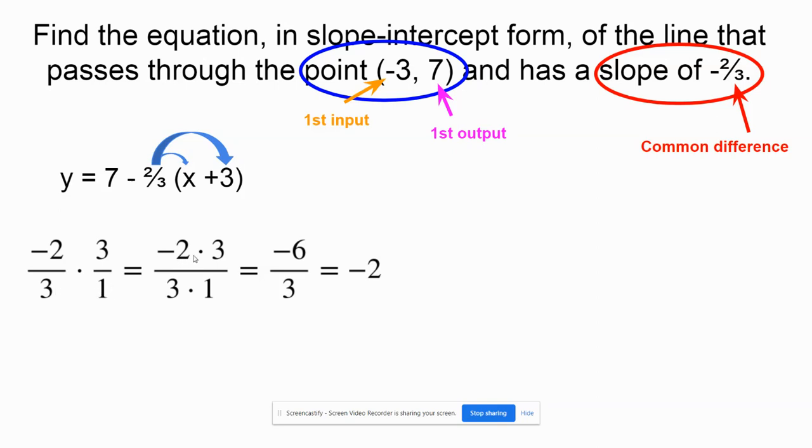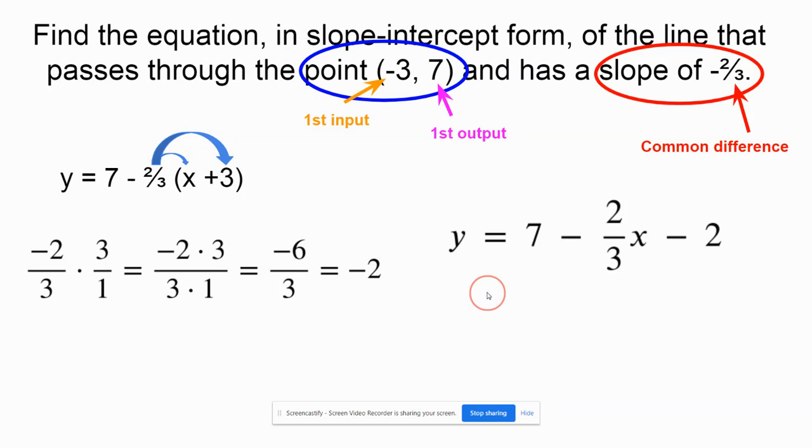So I'll have negative 2 times 3 and 3 times 1, which simplifies to negative 6/3, or negative 2. So this negative 2 is what I get when I multiply negative 2/3 times 3. And when I multiply negative 2/3 times x, I get negative 2/3 x. So this is what my distributed equation looks like.